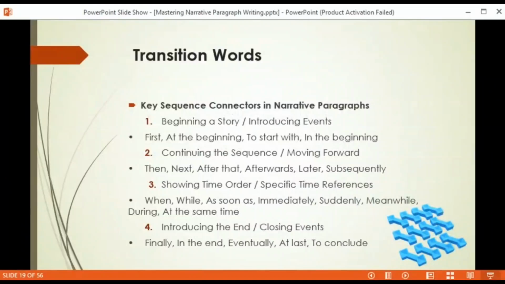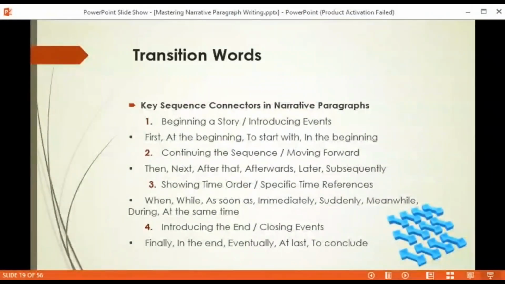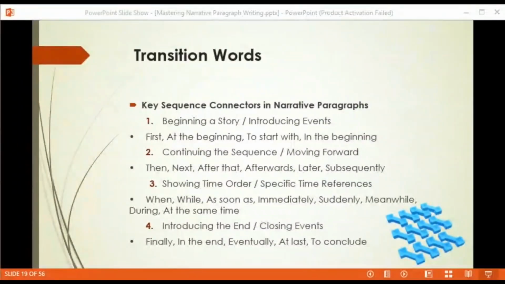Still, we are talking about the transition words. Key sequence connectors in narrative paragraph. At the beginning of the story, introducing the events, you can say first, you can write at the beginning, to start with, in the beginning. Continuing the sequence, moving forward. In the supporting sentences, you can write then, next, after that, afterwards, later, subsequently.